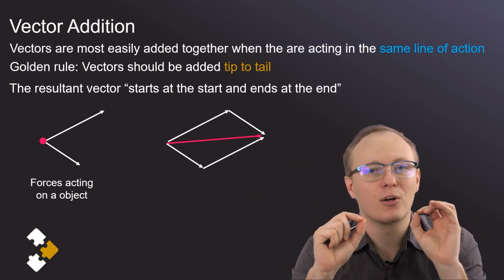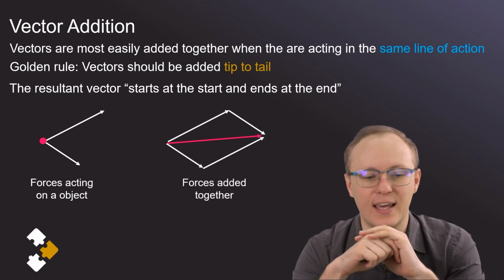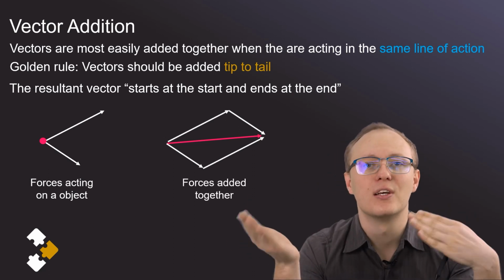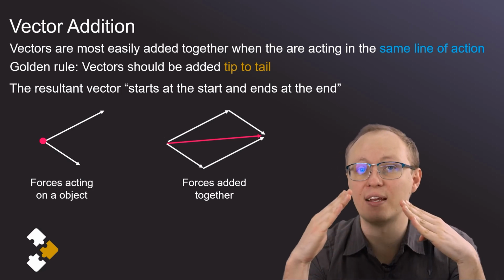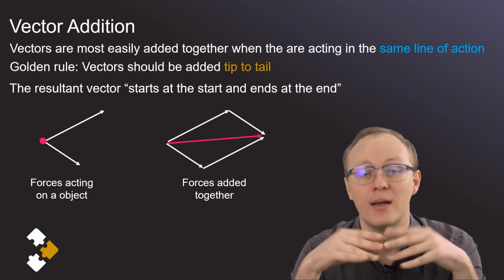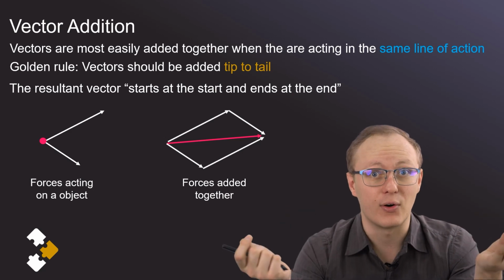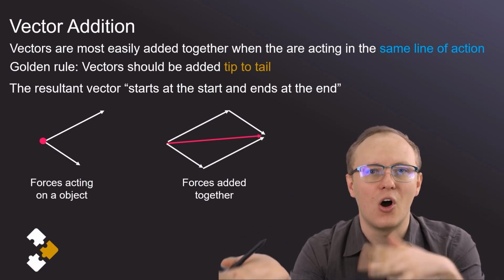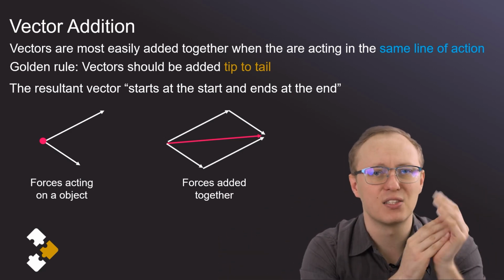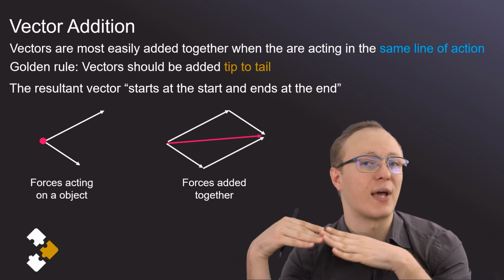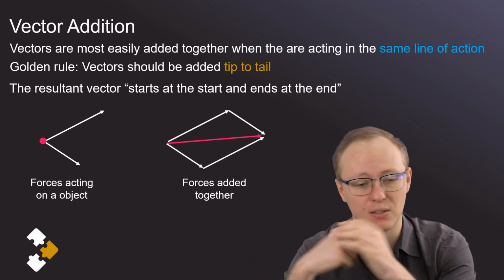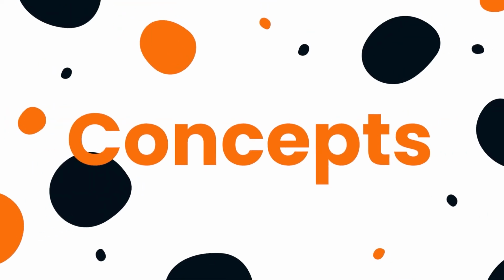But if we are going to add the vectors together, we cannot put the tails on the same point because we have to arrange them tip to tail. So if we are going to be drawing a diagram, we have to be certain: are we drawing this as vectors that are acting on an object, on a point, or are we trying to add these together, in which case it's got to be tip to tail.